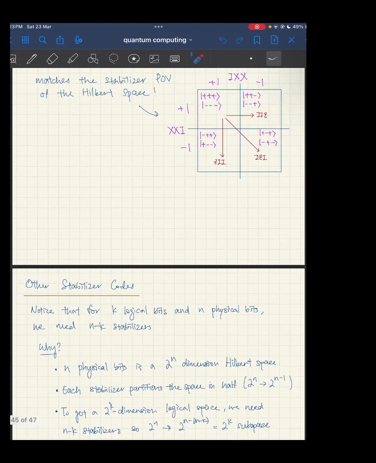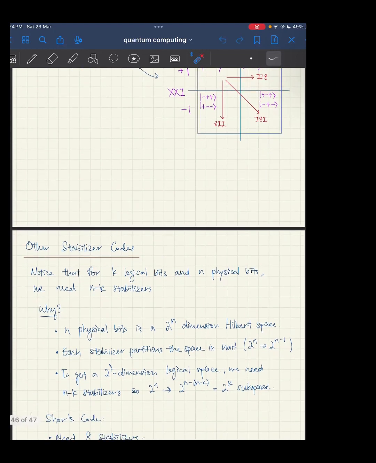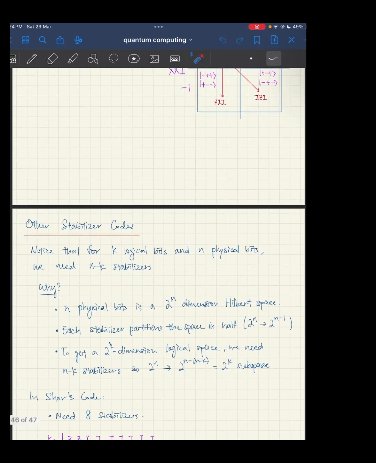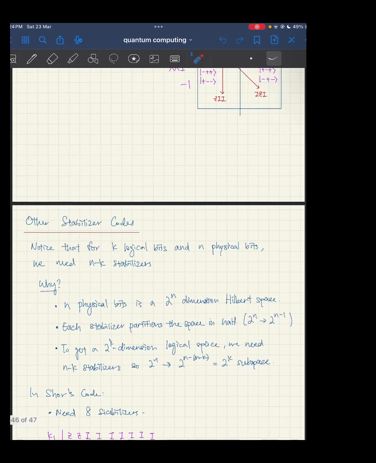And of course, we choose the +1 eigenspace as our code space. So if we want a 2 to the k dimension logical space, which is the number of dimensions we need to store our qubit, then we need n minus k stabilizers, right? Because to cut the 2 to the n space, we need to cut it n minus k times to get 2 to the k.